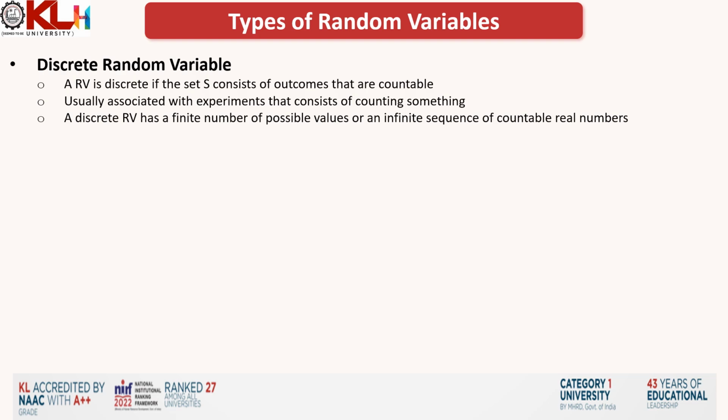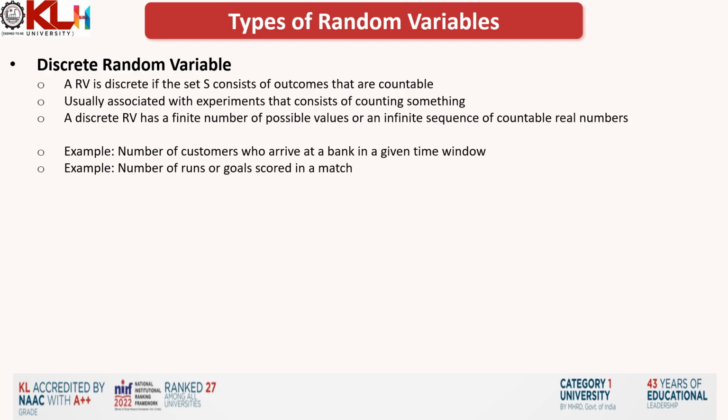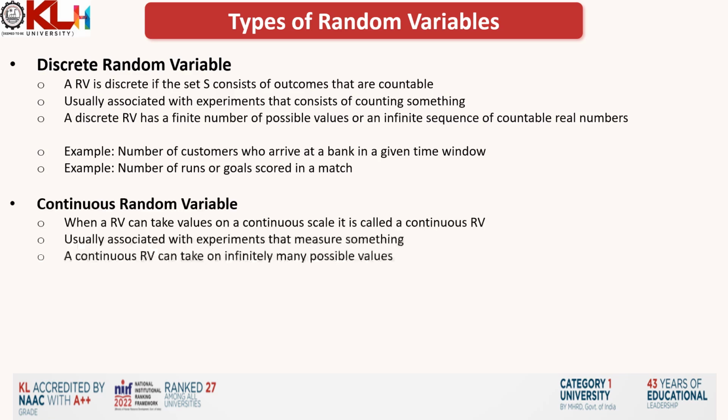A discrete random variable has a finite number of possible values or an infinite sequence of countable real numbers. Examples: number of customers who arrive at a bank in a given time window, number of runs or goals scored in a match.